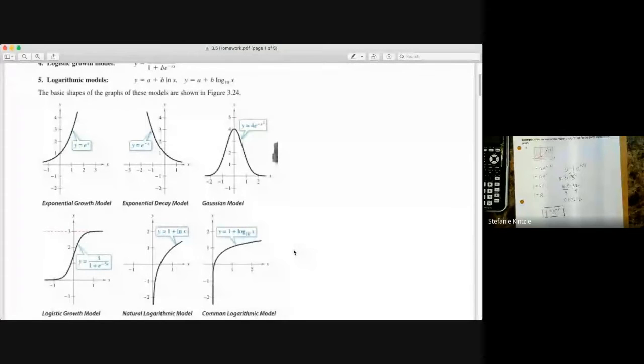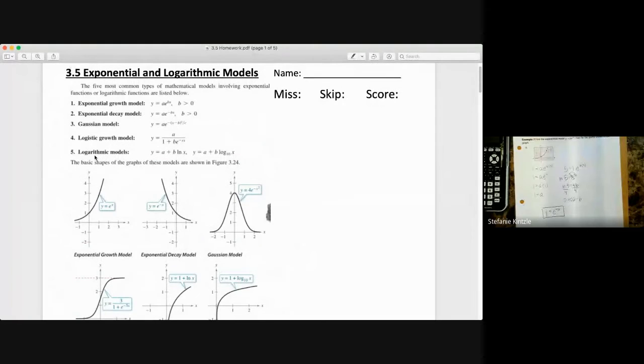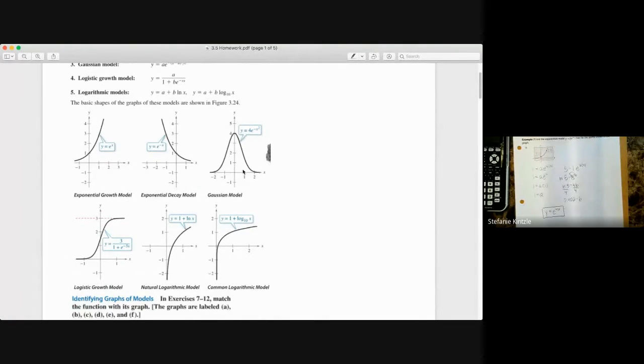Okay, so on this front page, I put the models here so you can see what the original one looks like.